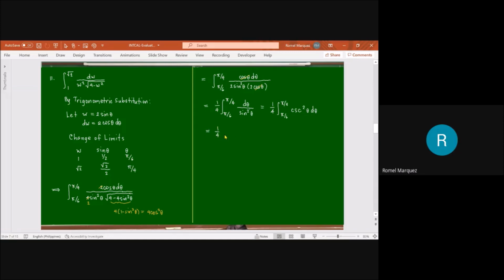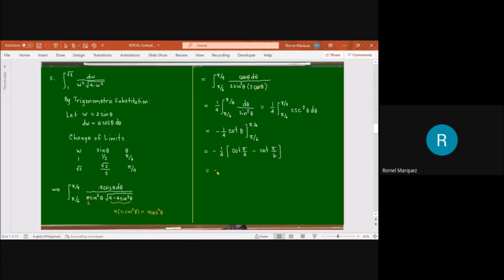Getting 1/4, or what's the integral? Negative times 1/4 cotangent theta. O see, very easy now the integration. Evaluated from pi over 6 to pi over 4. So negative 1/4. What's the value of cotangent pi over 4? And then minus cotangent of pi over 6.